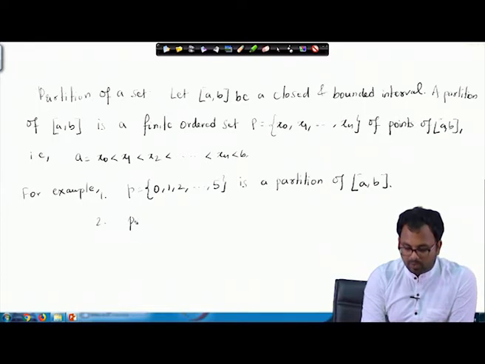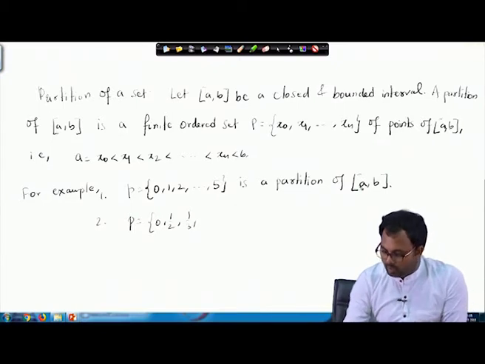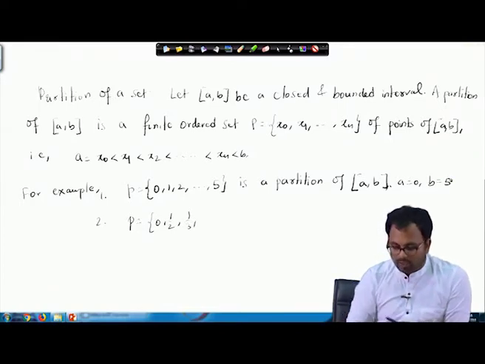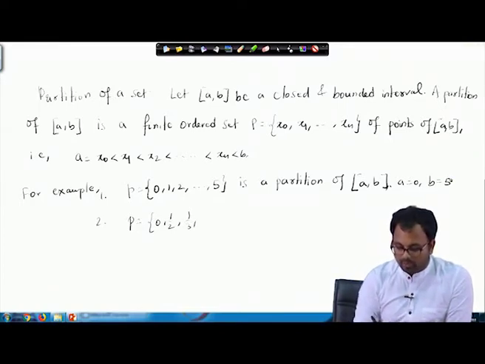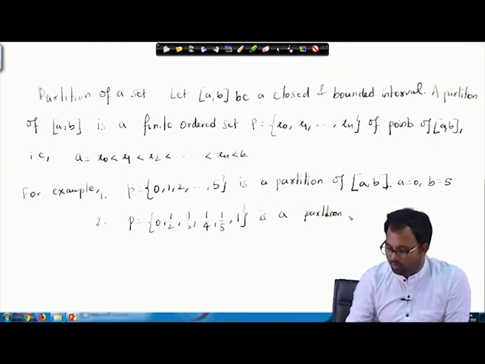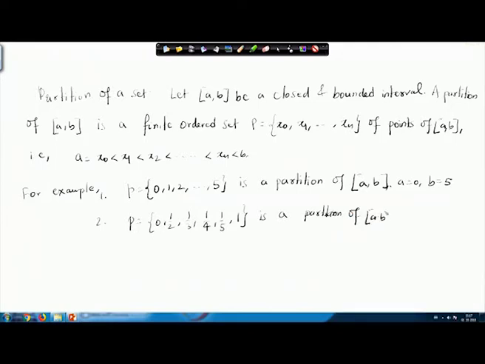Here a is 0 and b is 5. Similarly, for example 2, if we consider P equals 0, 1 by 5, 1 by 4, 1 by 2 and 1, then this is a partition of [a, b], where a is 0 and b is 1.